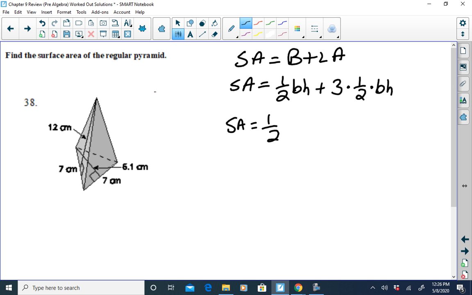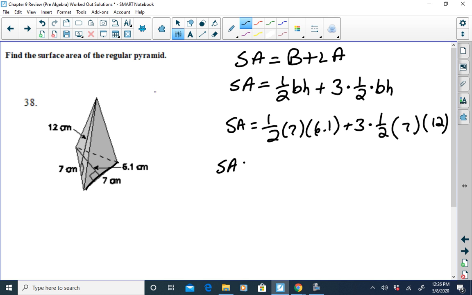All right, so then the surface area is going to be equal to the 1/2. Now we're doing the base area, so that's going to be 7 by 6.1. And then we have 3 triangles that are 1/2, that's going to be 7 by 12.